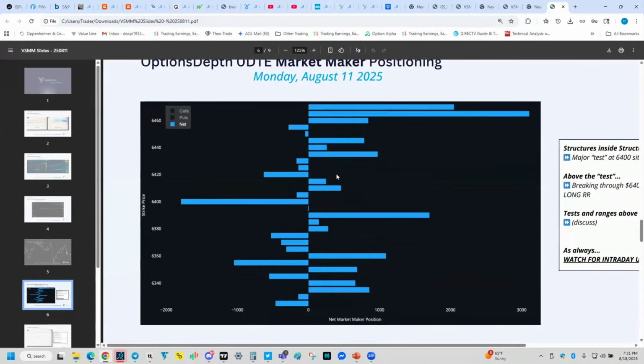Now, at the same time, let's just say I sold over here, and I decided I got faked out. We opened up strong. We went up here. I sold 40, 50 points away and it was looking good.